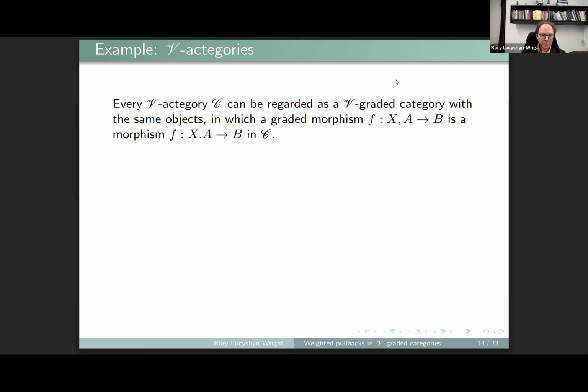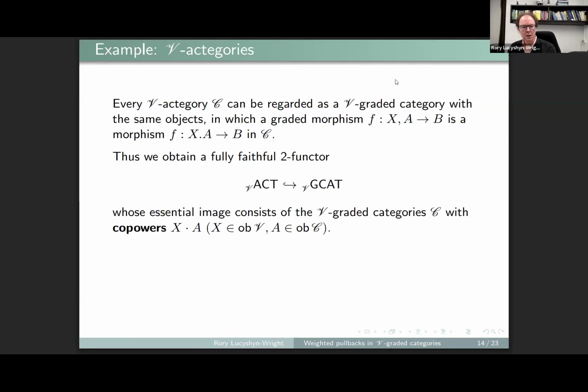We use the action, a morphism from x dot a to b in the category C. Thus, we obtain a fully faithful two-functor from the two-category of V-actegories to the two-category of V-graded categories, allowing us to regard V-actegories as a special case of V-graded categories in a sense. And the essential image consists of those V-graded categories that have copowers x dot a by objects of V, so x in ob V and a in ob C.